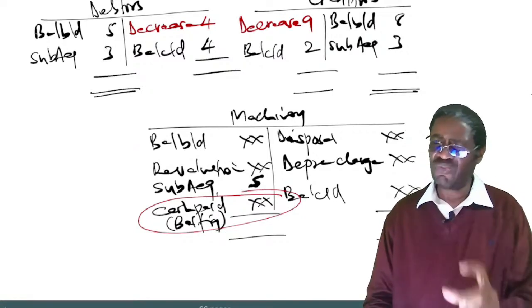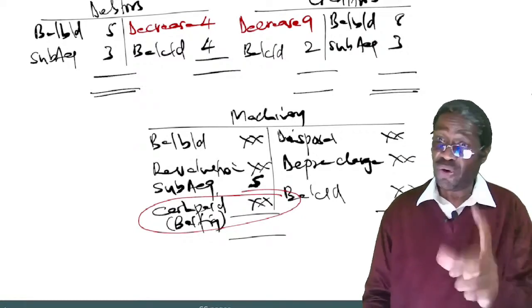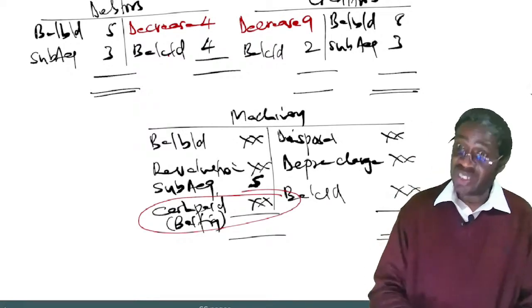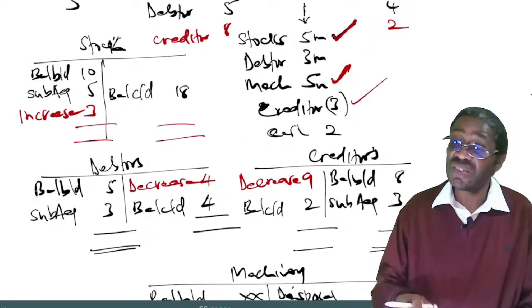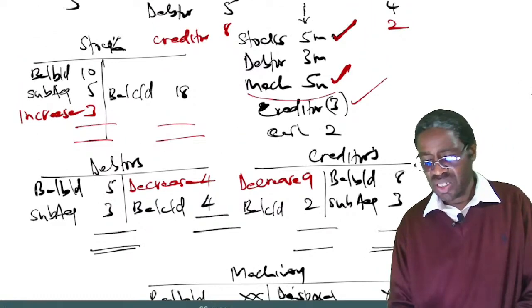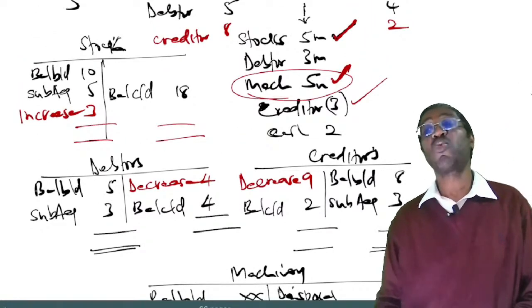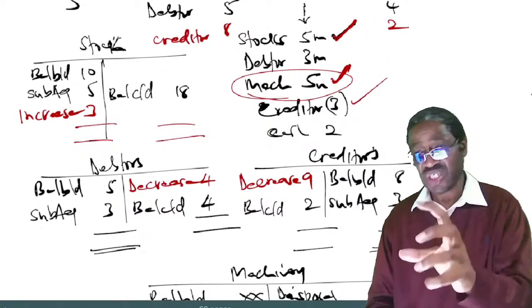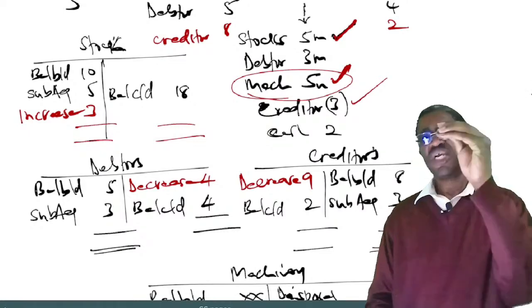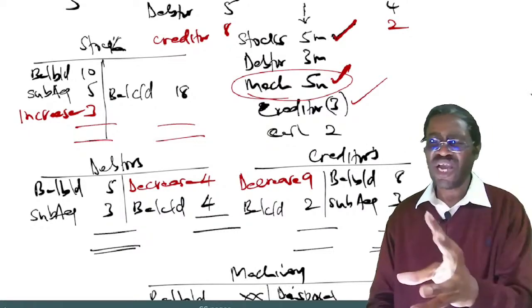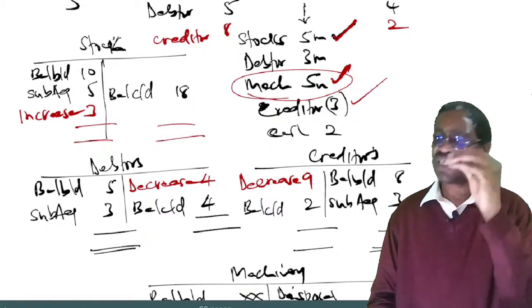So my point of emphasis is, how do you deal with that machinery that the subsidiary came into the group with? It could be machinery, it could be motor vehicle, it could be furniture, it could be what they are calling property, plant and equipment. It doesn't matter.